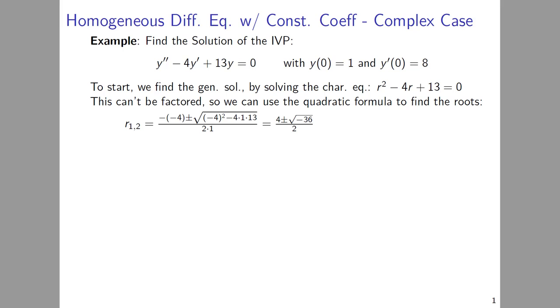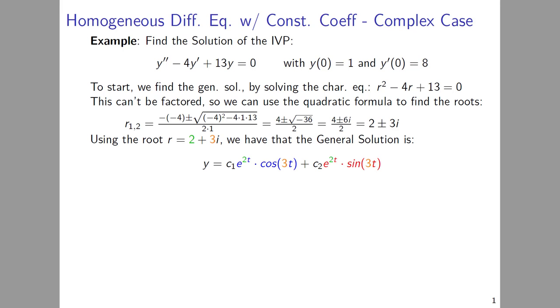So we have 4 plus or minus the square root of negative 36 all over 2. And the square root of negative 36 is 6i, so our roots simplify to 4 plus or minus 6i over 2, which reduces again to 2 plus or minus 3i.